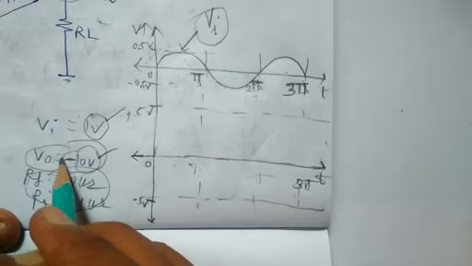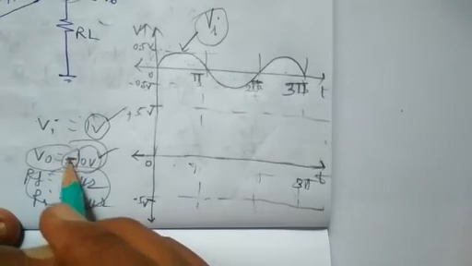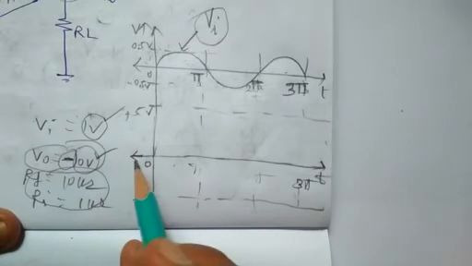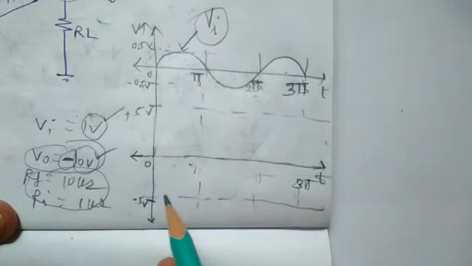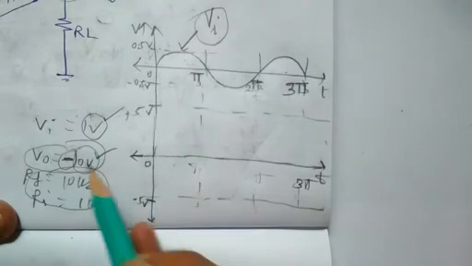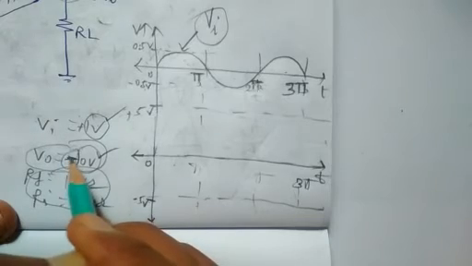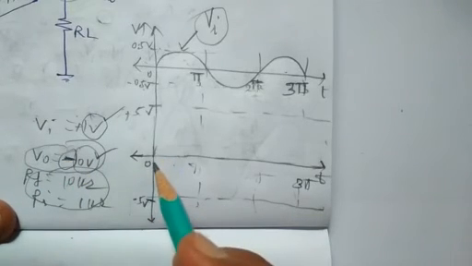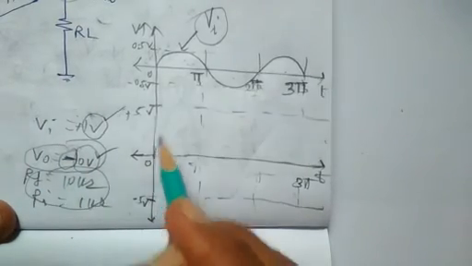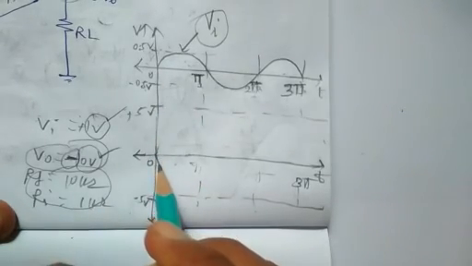But because of the inverting configuration, and the inverting amplifier's response having a minus, we have to draw the waveform with a 180 degree phase shift compared to the input. So input and output have a 180 degree phase shift, because here it is plus 1 volt, here it is minus 10 volt for the output. So you are supposed to start your waveform by shifting the phase by 180 degree. So you have to draw like this.